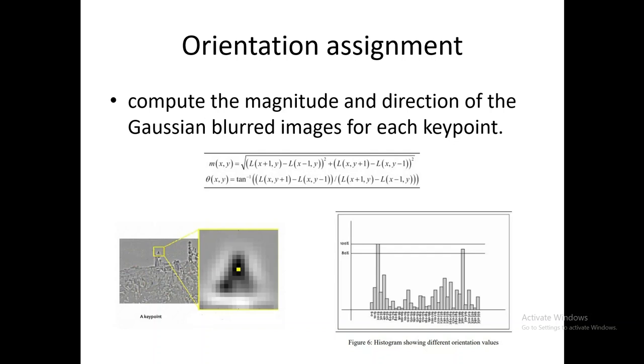This histogram covers 360 degrees with 36 bins. Suppose the gradient direction at a certain point is 25 degrees, then it will go into the 20 to 29 degree bin. And the amount that is added to the bin is proportional to the magnitude of the gradient at that point.